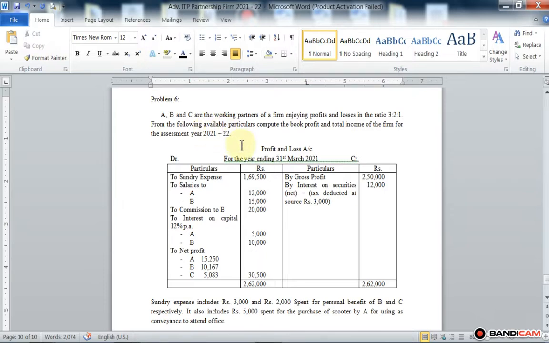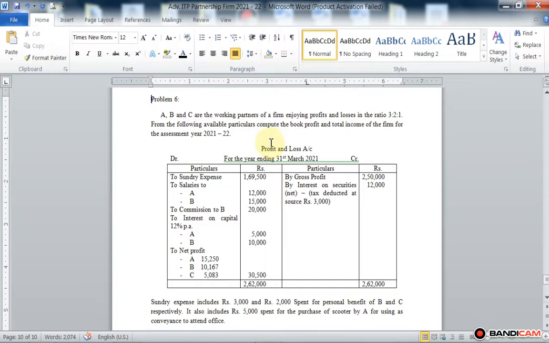So we have to compute the book profit as well as the total income of the partnership firm with the help of the information provided by the firm, as well as compute the tax liability of the partnership firm.